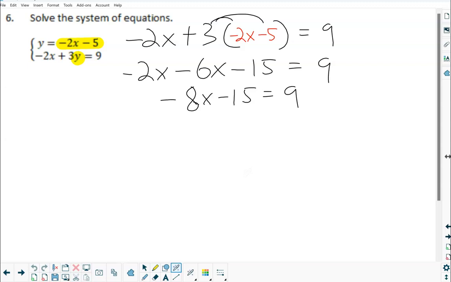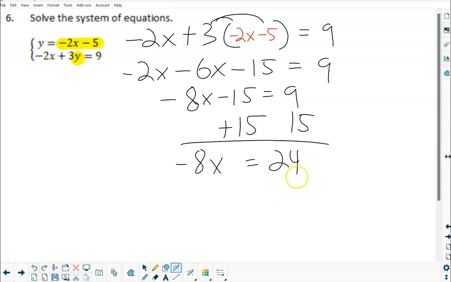Okay, so the first step of that would be the opposite of this minus 15, which would be plus 15 on both sides. Alright, now the 15s are going to cancel out. 9 plus 15 will get you 24.